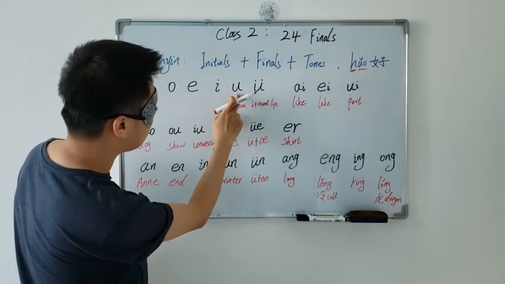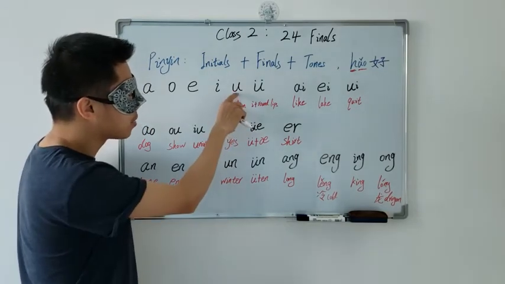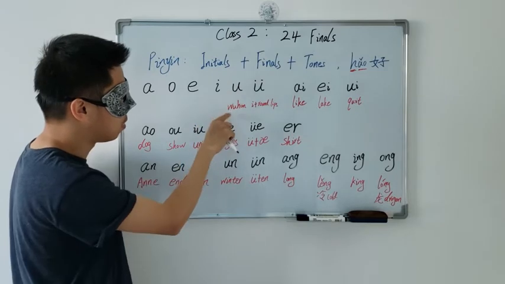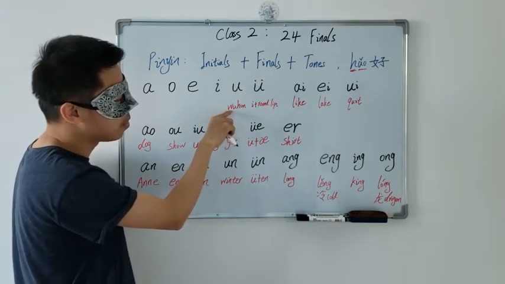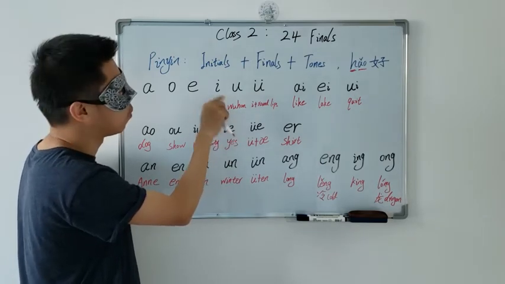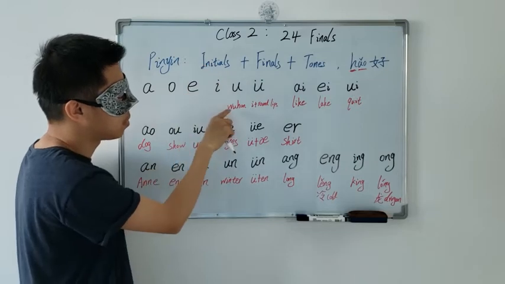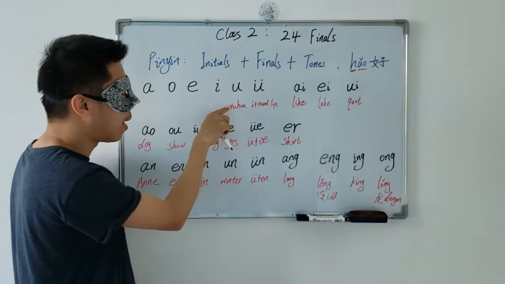The next one is wu. It has the same pronunciation as the initial W, but it is pronounced wu. It's one of the initials in Pinyin. It has the same pronunciation, like the city Wuhan.